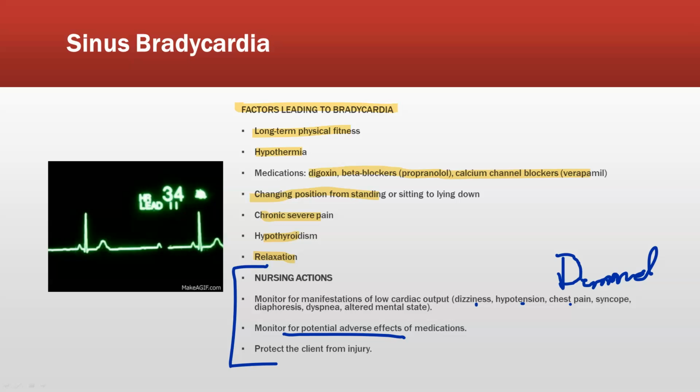Make sure that it's not an adverse effect from your medications. We talk about these, but really all of our cardiovascular medications could potentially lead to some sort of bradyarrhythmia. And then, of course, we want to protect the client from injury.